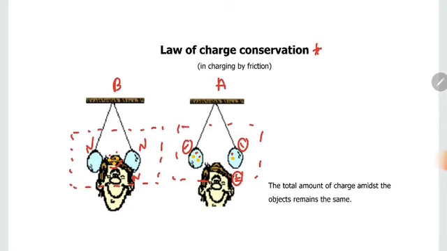Okay? And then, ibig sabihin noon, the total amount of charges ay same noong before and after. Kasi wala namang nadagdag at wala namang nabawas. Meron lang nalipat. Okay? Ganun po yung principle of charge conservation. So in the next video lecture, I will talk about charging by induction.